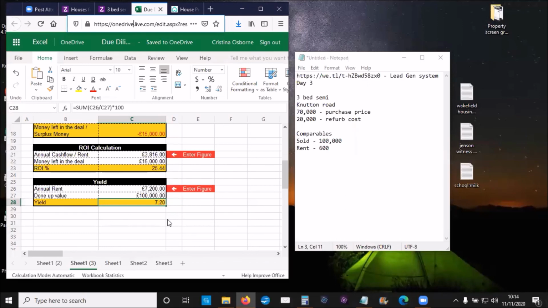That is to say, if it's going to cost you £100,000 to buy a property, the bank will lend you £75,000 of the purchase price. 75% of the purchase price.